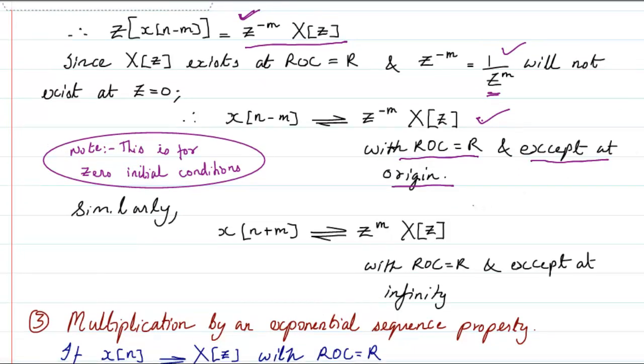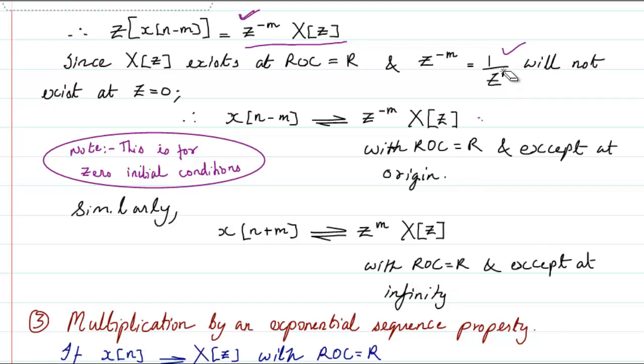Similarly, for the case of plus, it will be z raised to power m, and for this one not to be infinity, the value of z should not be infinity. With that we will say that it will be the ROC R except at infinity.